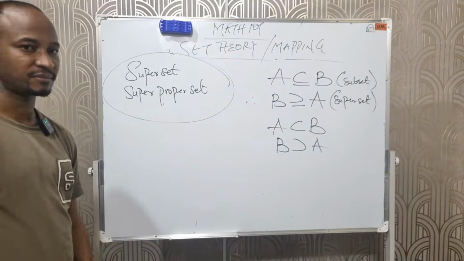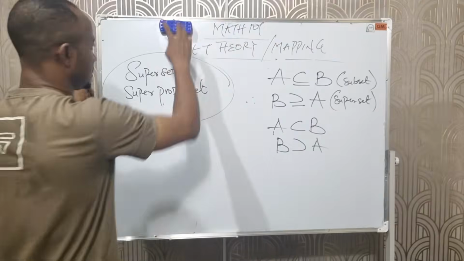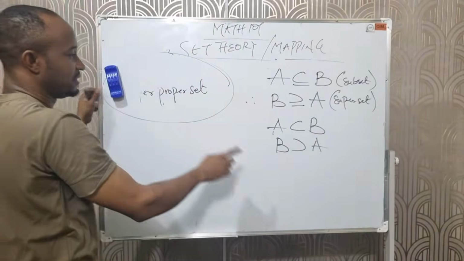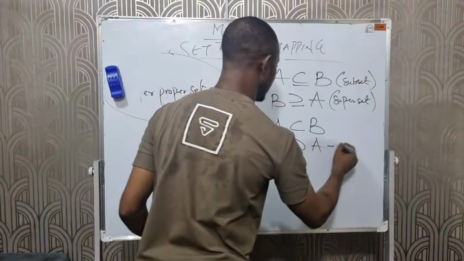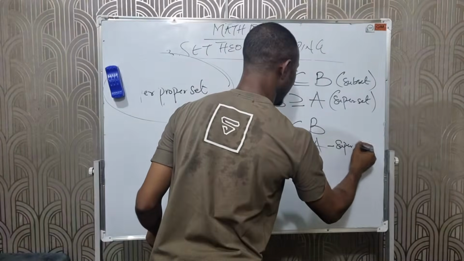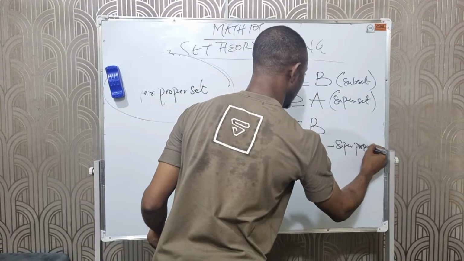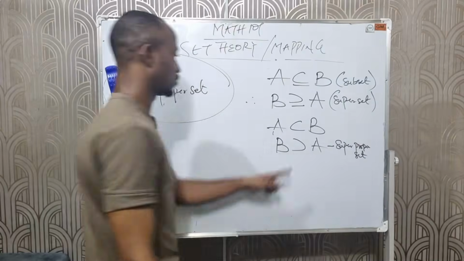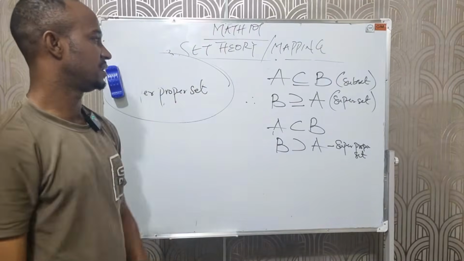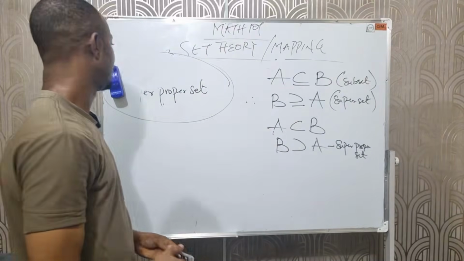Of A. Just like that. There's nothing much about this, okay? But just take note of this symbol. This symbol means what? Super proper sets. And this means supersets. Now let's move on.